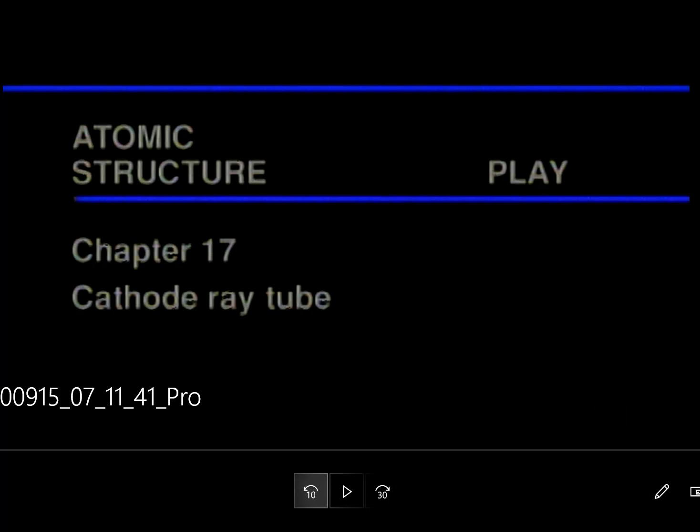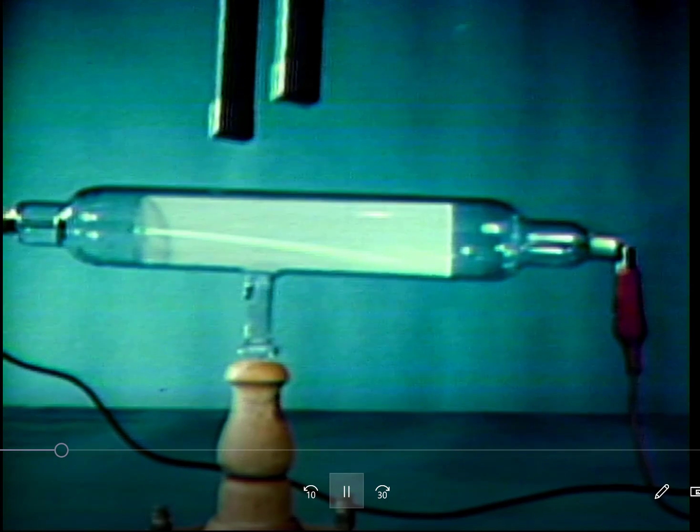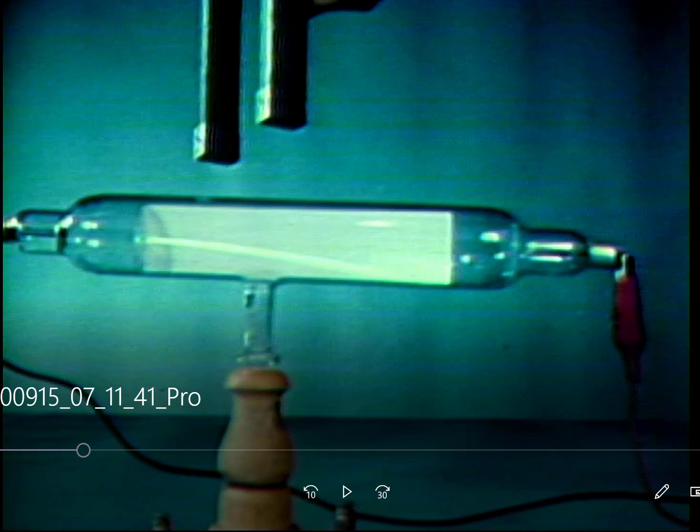So this is a cathode ray tube. There's an electrode here, electrode there. They put in a piece of paper covered with phosphorus because when charged pieces hit phosphorus, it glows, so they can actually see where the ray is coming from.